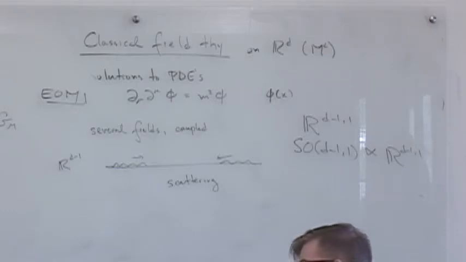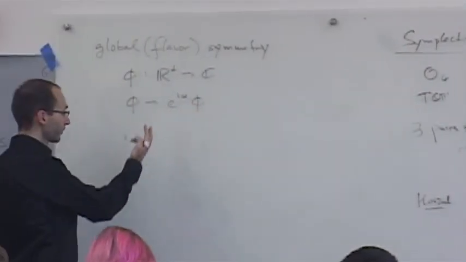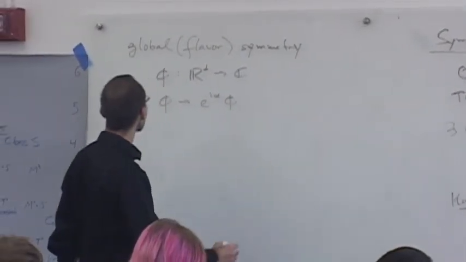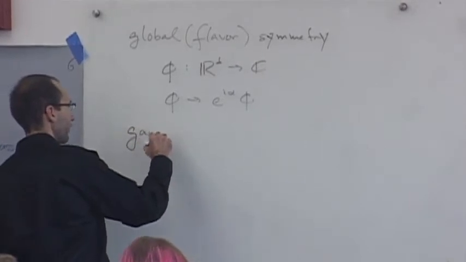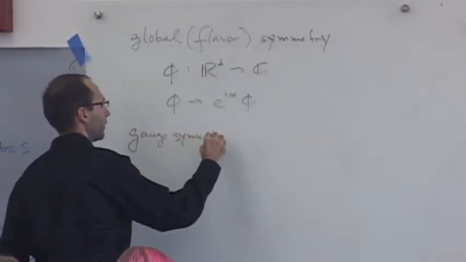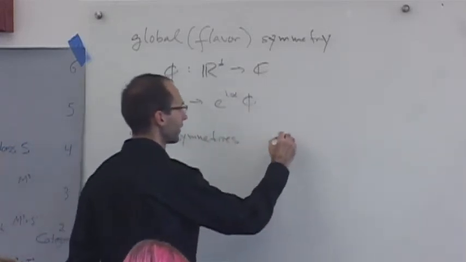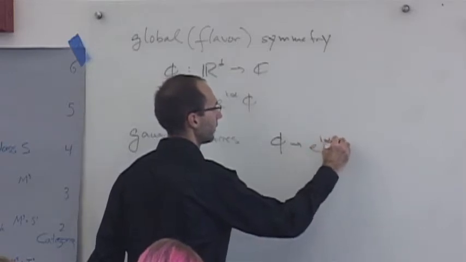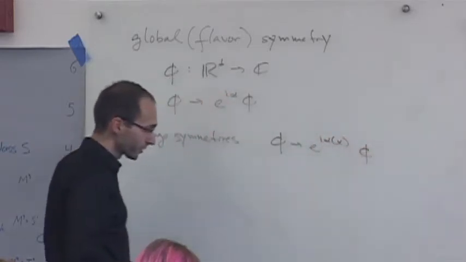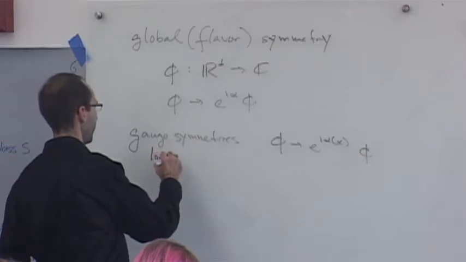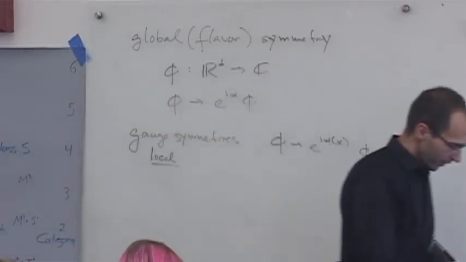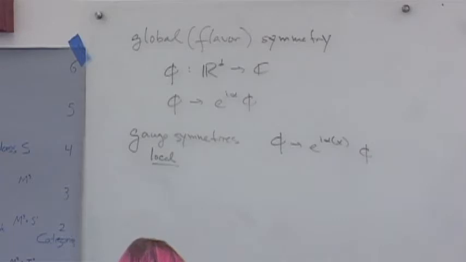So if, for example, phi is a complex valued function, then I can rephase phi, where alpha is just some constant, and those equations are going to be invariant. And then there are gauge symmetries that are basically the same thing, except the transformation parameter does depend on position in R^d. Those are sometimes called local as opposed to global symmetries.